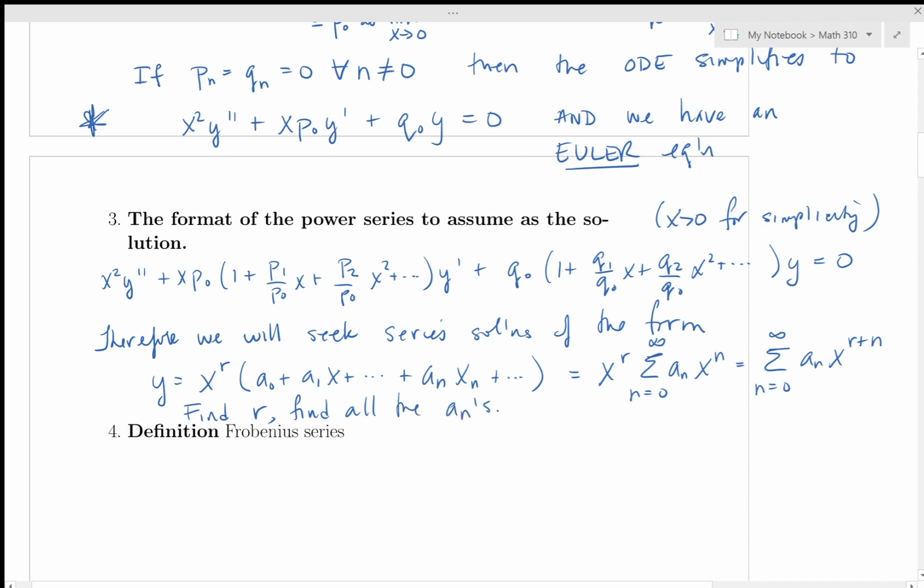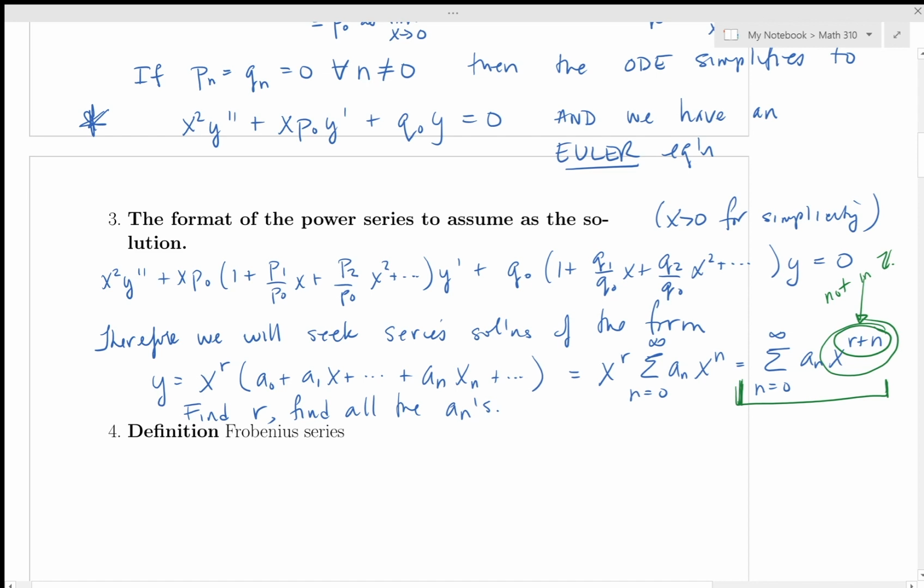Okay, but what is different here than when we had the series solutions before? I now have a proposed series solution for these types of equations, but in particular, r is not necessarily an integer, not in Z. R is going to be the root of an equation.